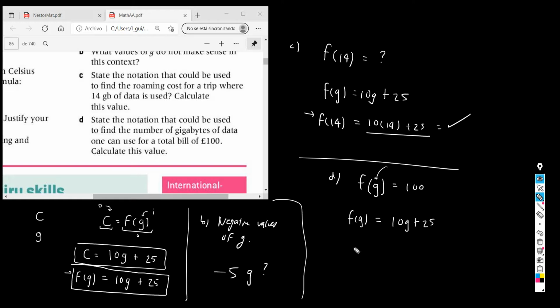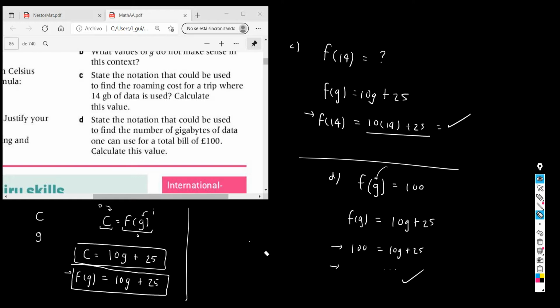F of g equals 100, so 100 equals 10g plus 25, and then solve this equation for g, and you're done. I'm not going to be doing this for you now. Maybe some of you guys can. Let me clean this bit.